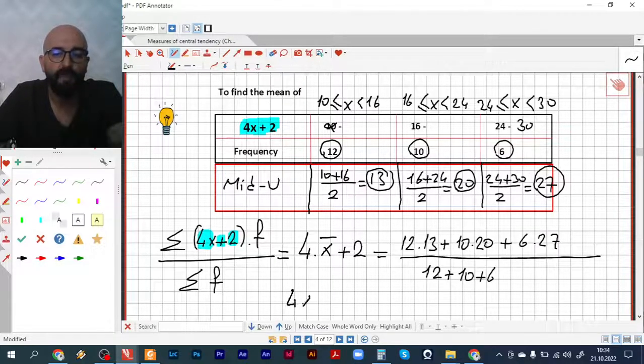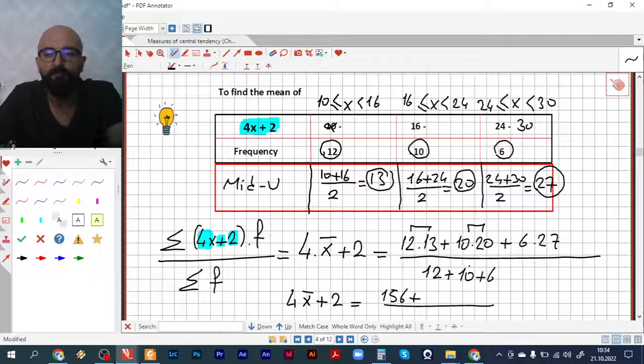So 4 times the mean plus 2: 12 multiplied by 13 is 156, 10 multiplied by 20 is 200, 6 multiplied by 27 is 162.